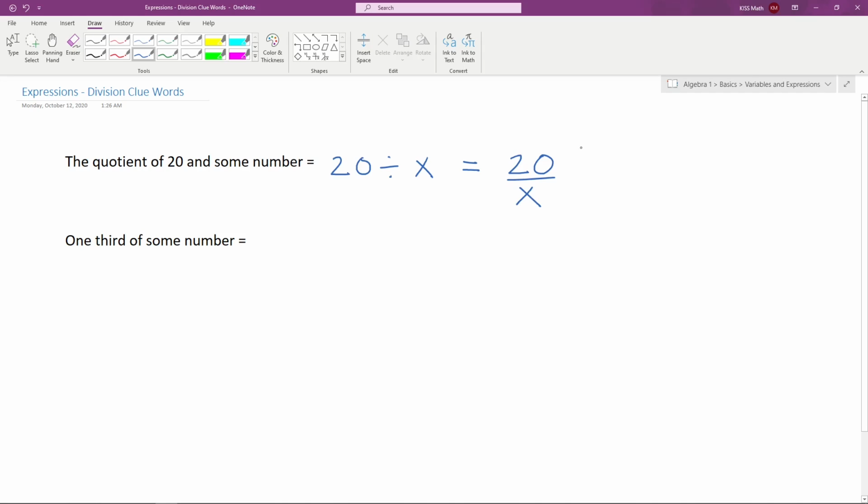Also, get used to writing this as a fraction. We will rarely use the division symbol here, this guy. And like I said before, you can take 1/3 of a number by multiplying it by the fraction 1/3. So 1/3 times some number x, or just simply taking that number and dividing it by 3.